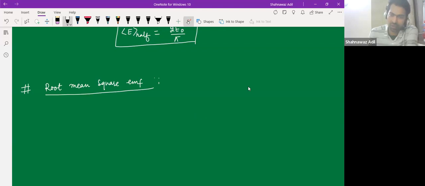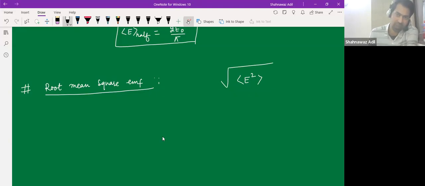Let us read it in the backwards manner. So this is EMF, and then we square it, right? And then we take the average, and then we take the root. Good. So that is the root mean square.